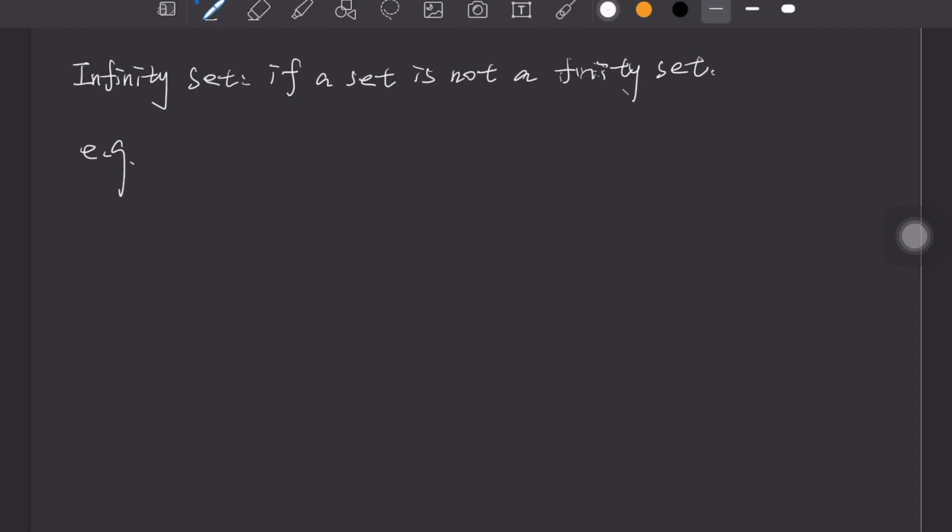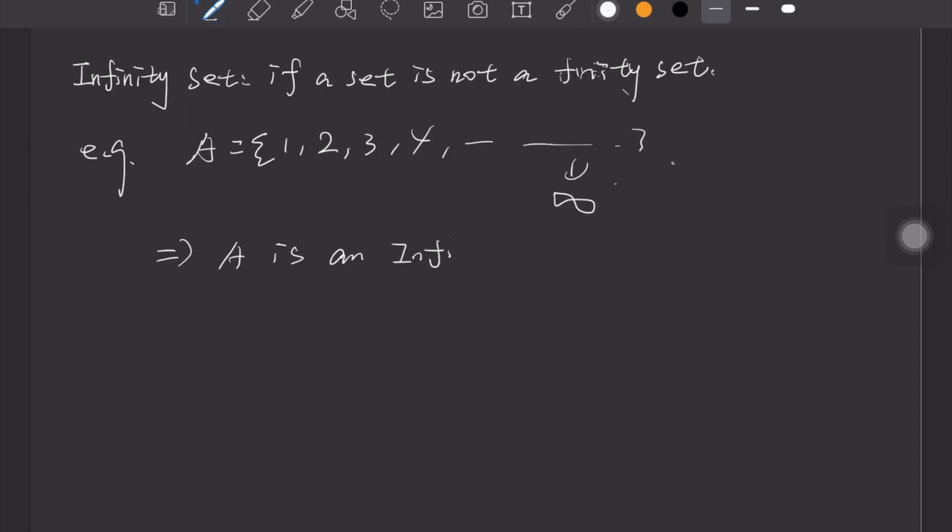For example, if we have a set A with elements 1, 2, 3, 4, etc., actually, we have infinitely many elements in our set A. So we can't really find card A, which means we can't really find the value of n, so that means A is an infinite set.